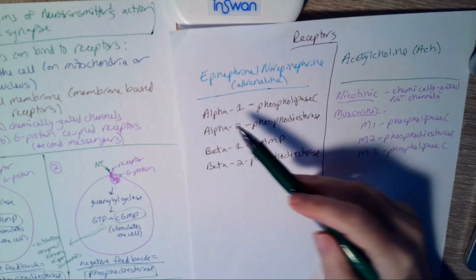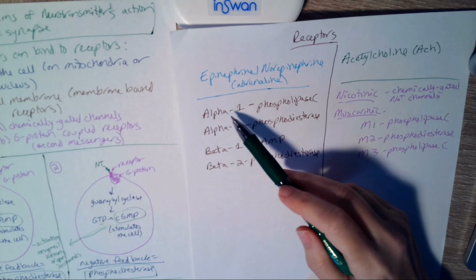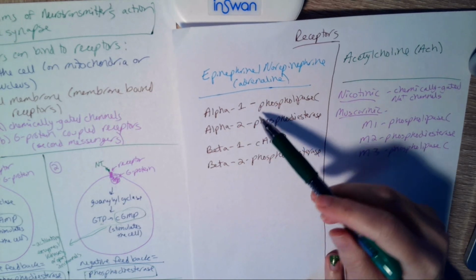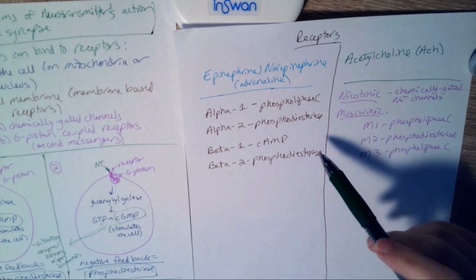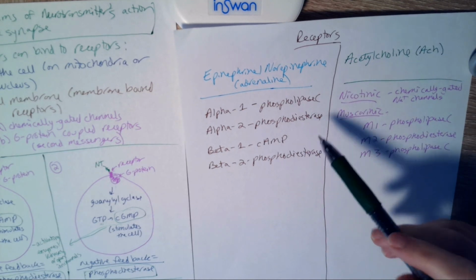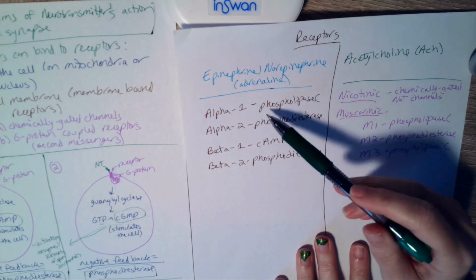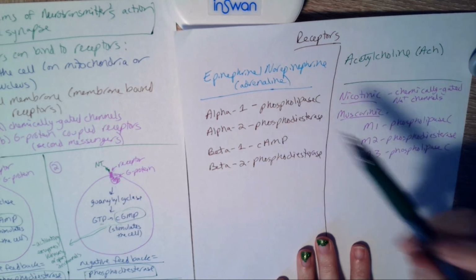For example, for this alpha-1 receptor, there's lots of little subtypes under there. Same thing for all of them, really. So we're not going to go into that sort of detail. We're just looking at the neurotransmitter and, for each one, main types of receptor.